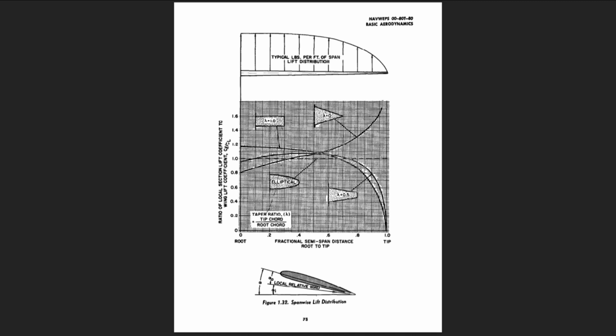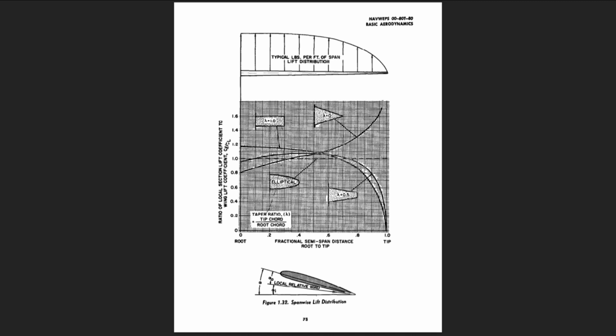Between the two extremes of taper will exist planforms of more tolerable efficiency. The variation of c_l over C_L for a wing of taper ratio equals 0.5 closely approximates the lift distribution of the elliptical wing, and the drag due to lift characteristics are nearly identical.